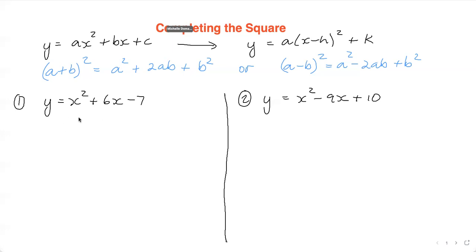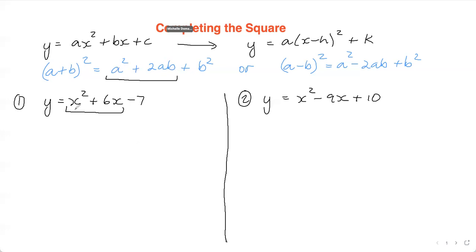The first one here, I've got y equals x squared plus 6x minus 7. The first thing you want to do is focus on the first two terms. Now it's a plus here, so I know I'm looking at my first expansion and I'm comparing that to these first two terms.